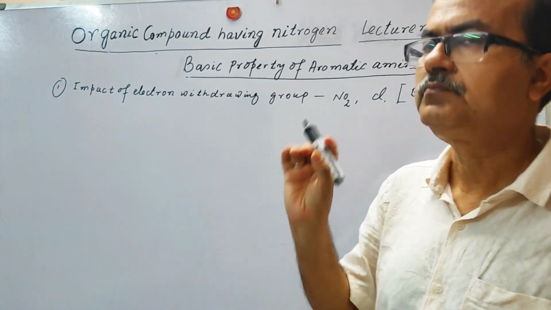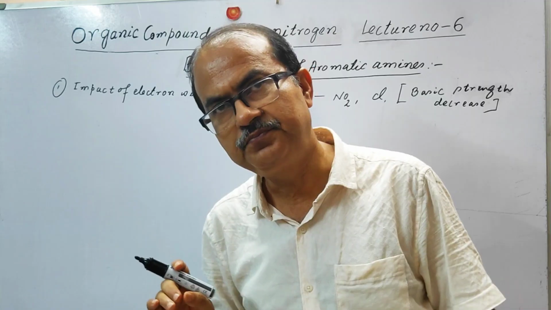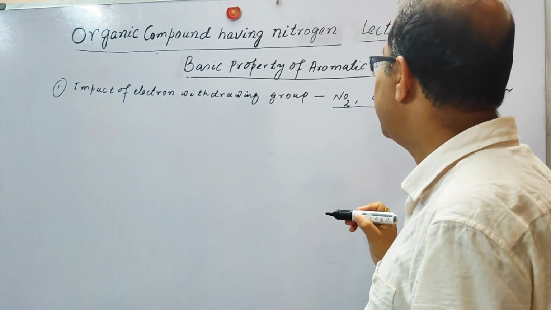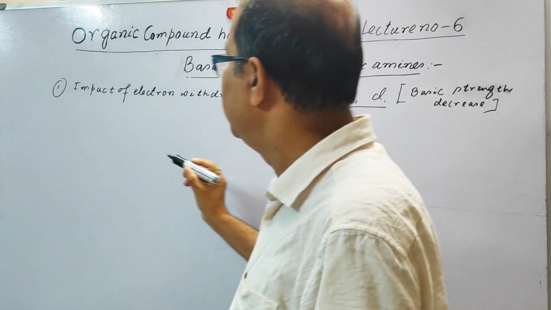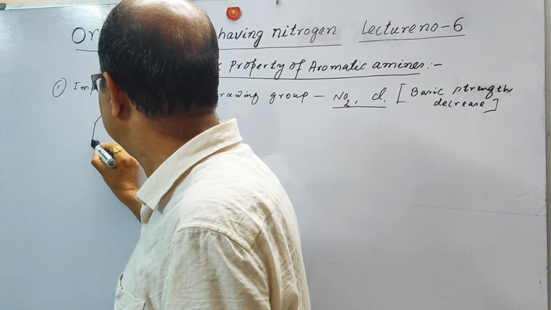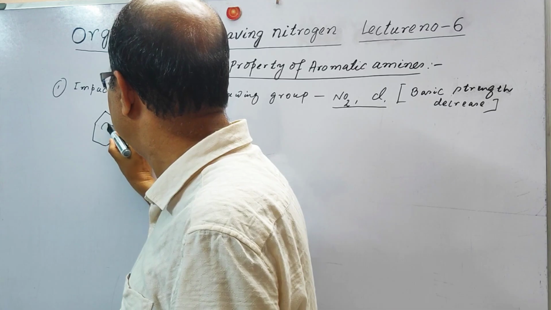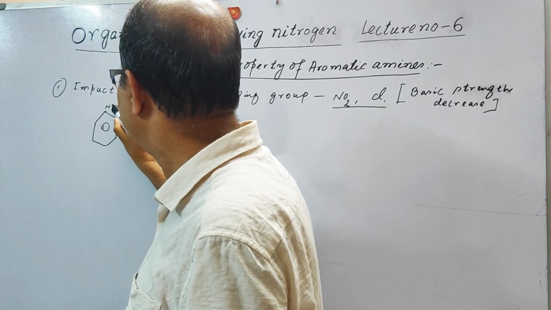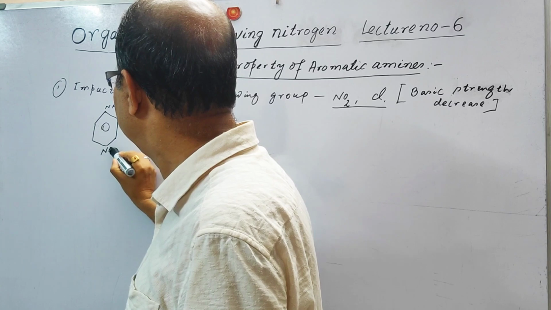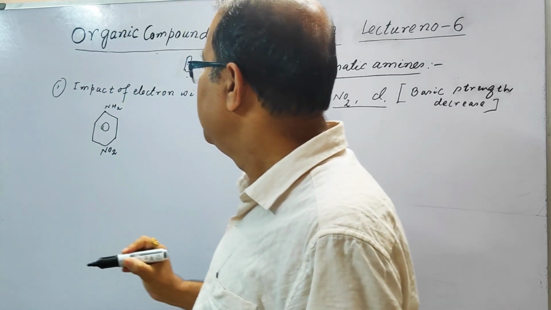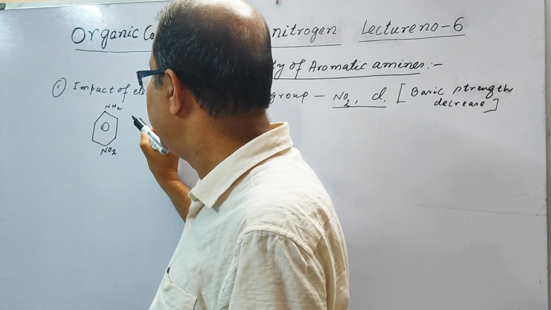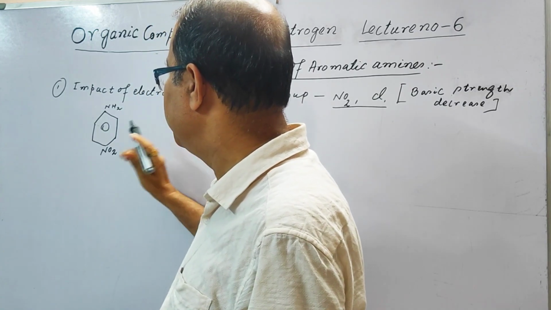So first let us understand the NO2 and Cl groups. This is para nitrotoluene.